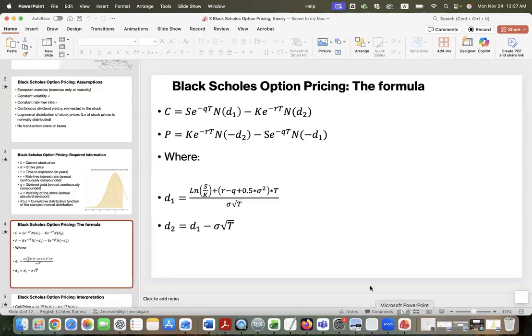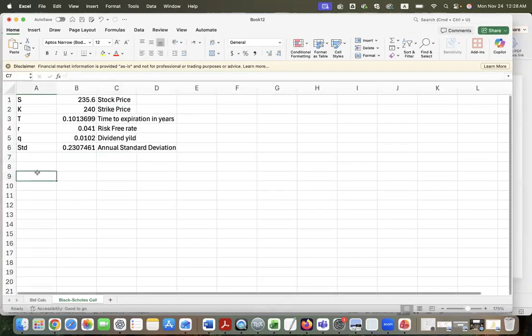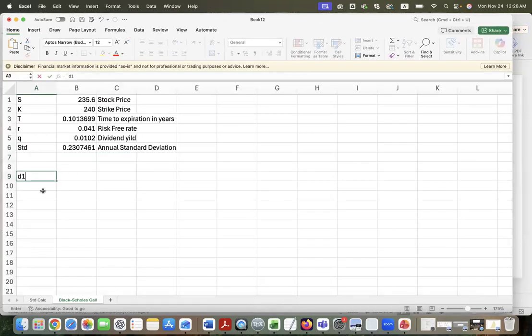So here is the formula that we have for call and D1 and D2. The very first thing we have to calculate is D1, D2, ND1, ND2. Let's do that. So D1, D2, and then ND1, and then ND2. These are the very first things that we want to calculate.